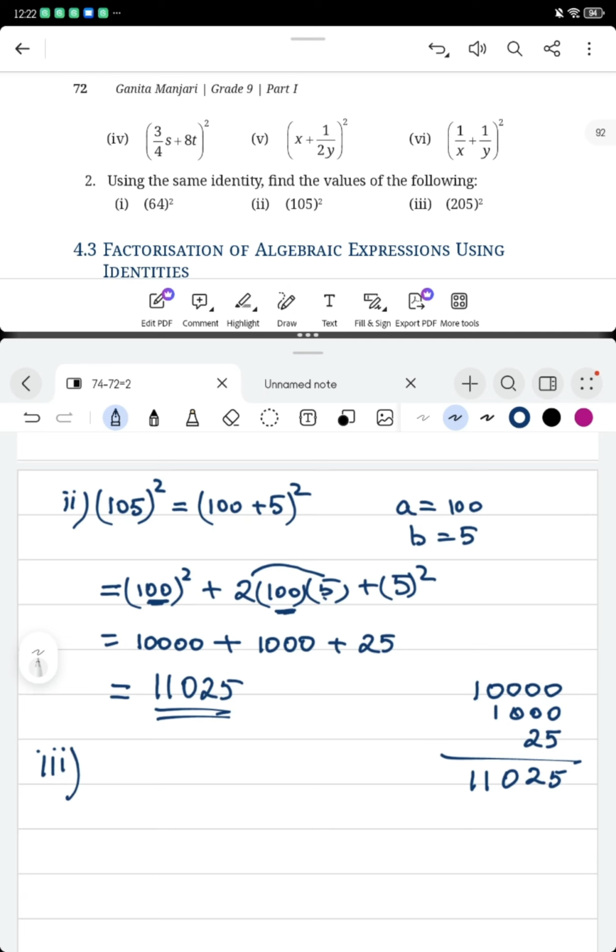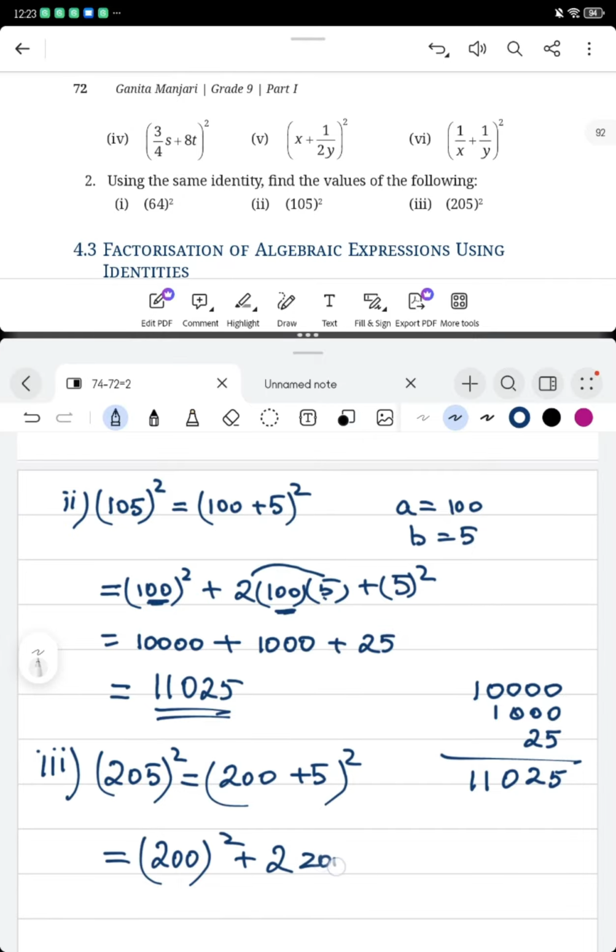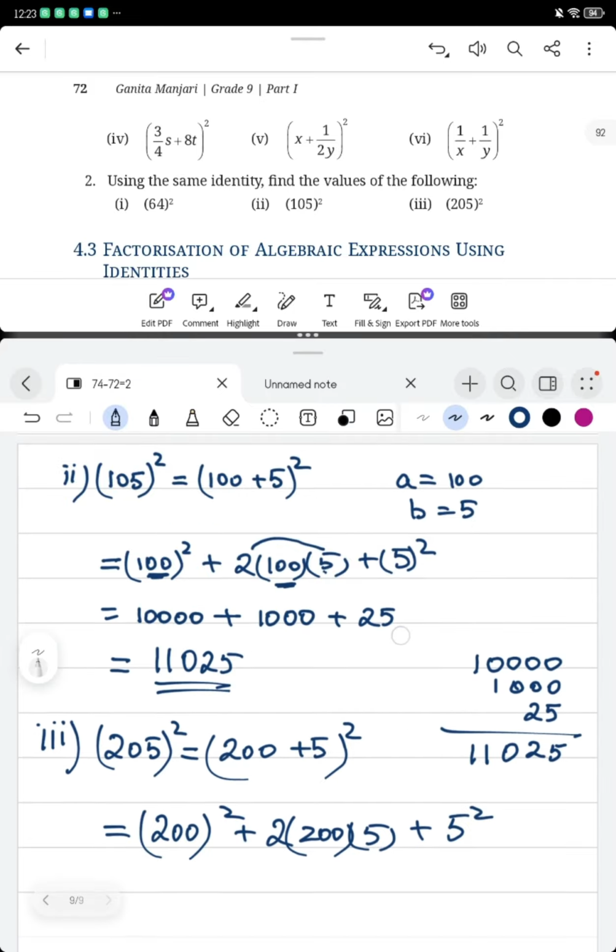Now let's do subdivision 3 of question 2. 205 whole square. This is obviously (200 plus 5) whole square. So our answer will be 200 whole square plus 2 into 200 into 5 plus 5 square.